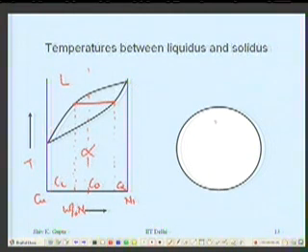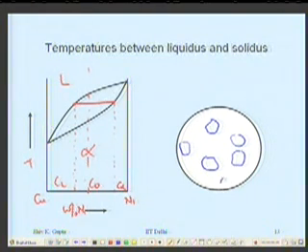So I have a liquid in which some particles of alpha phase are there, with composition C alpha. These are the alpha phase particles. This is unique. For this temperature, this is the equilibrium composition of C alpha and the liquid, and the rest is all liquid.